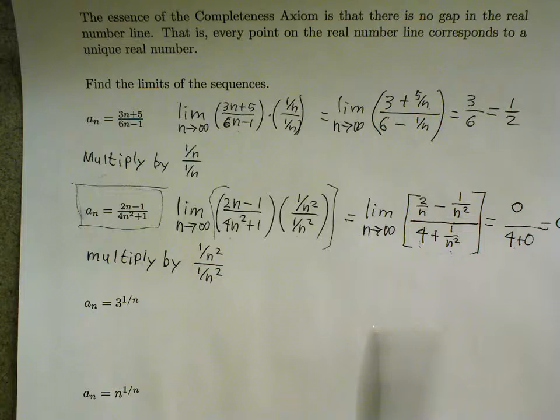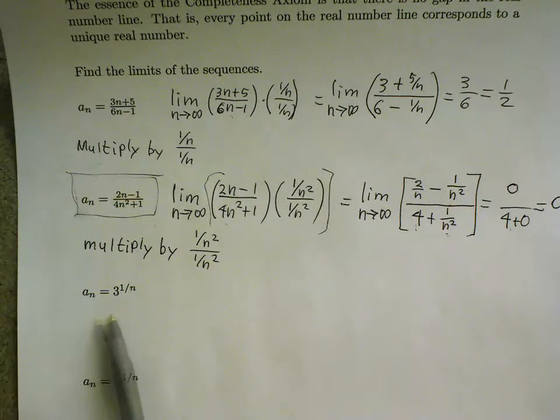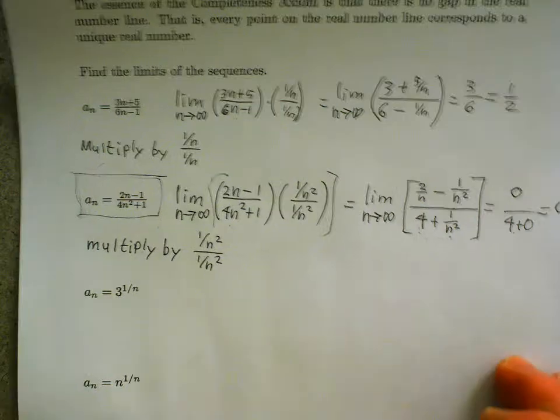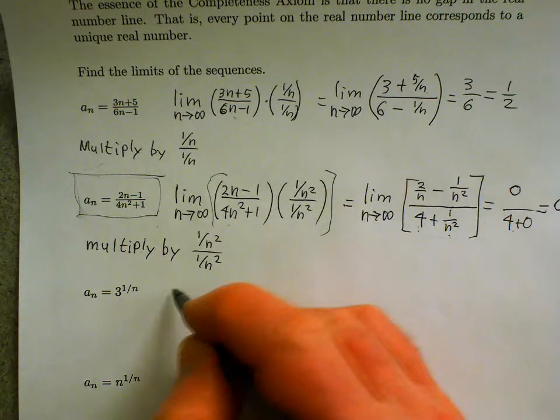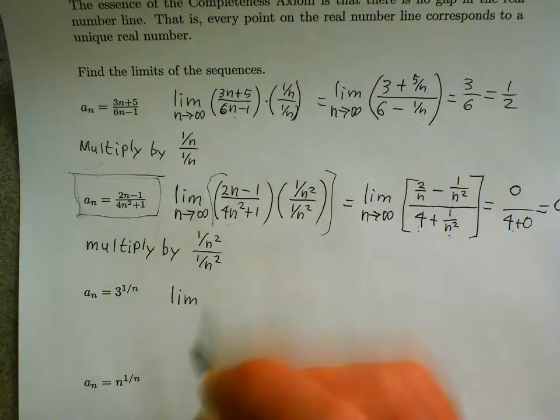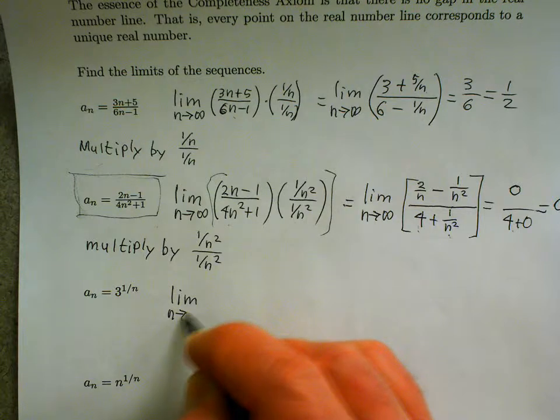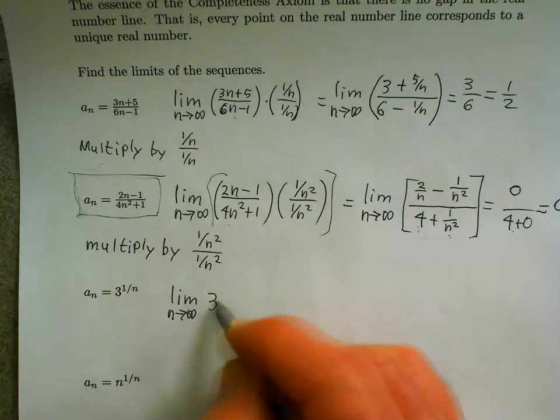Okay, the next one, a sub n equals 3 to the 1 over n. We want to find the limit as n approaches infinity of 3 to the 1 over n.